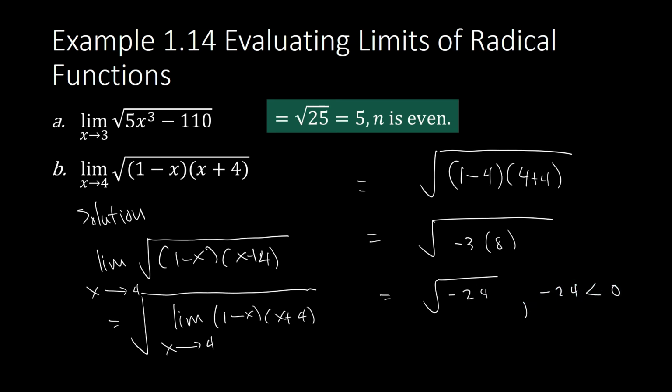So this one does not exist because after evaluating the limit of this function as x approaches 4, we found out that it is equal to negative 24. And this one is a square root, so the index of our square root is even. Conclusion: the limit of this function does not exist.